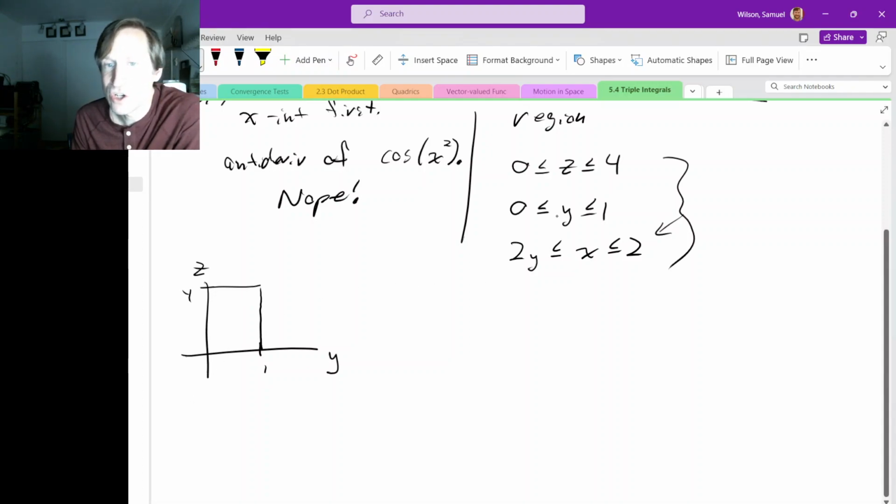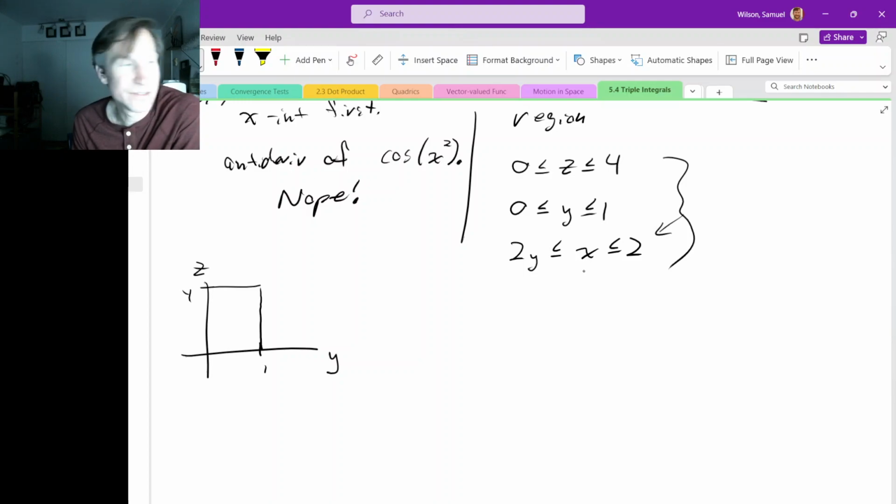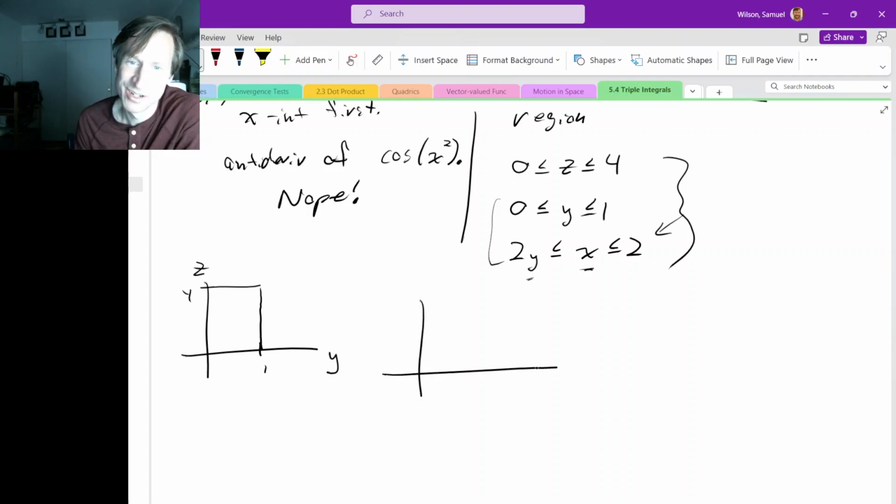Now let's look at the yx point of view. This is the most important one for this example because our x bounds depend on y, and so we need y and x in the same picture. So let's look at our xy view. We need to look at x equals 2y up to x equals 2, because those are the extreme values for our x's.